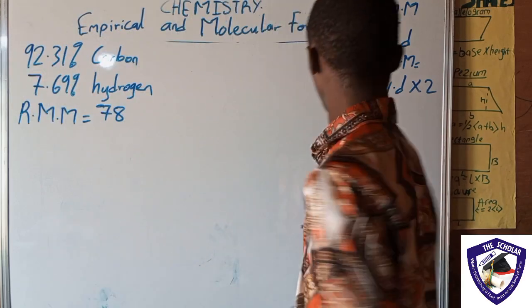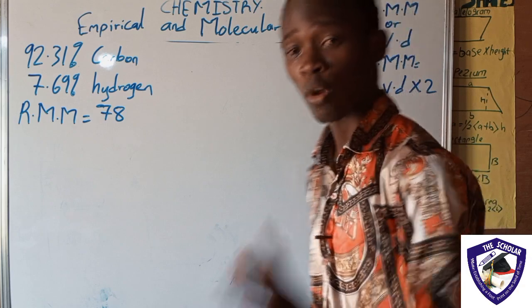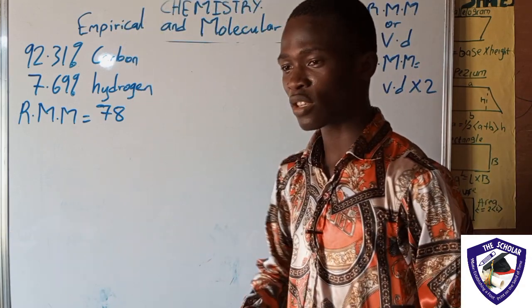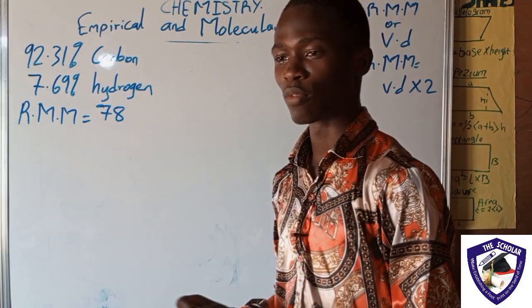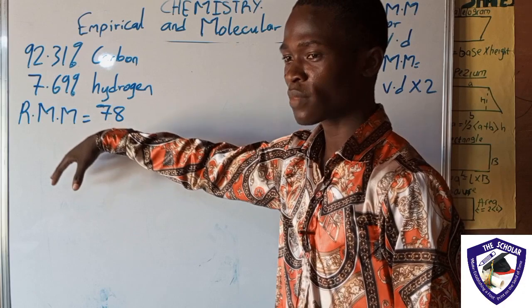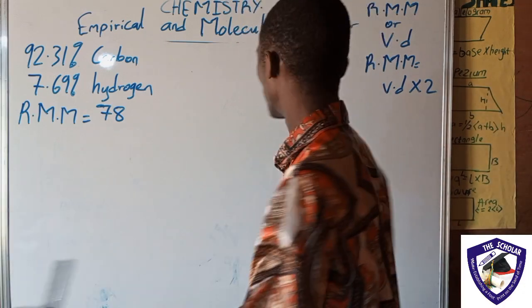Now the first thing to do is to what? Calculate our empirical formula. Note, some questions will not ask you to calculate empirical formula. They will just give you that, then ask you to calculate the molecular formula after giving you the necessary information. But to calculate molecular formula, we have to first calculate the empirical formula.